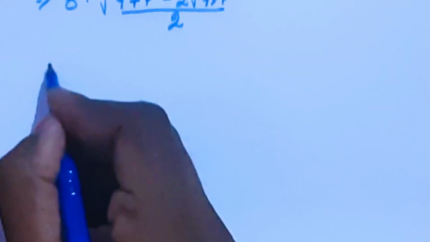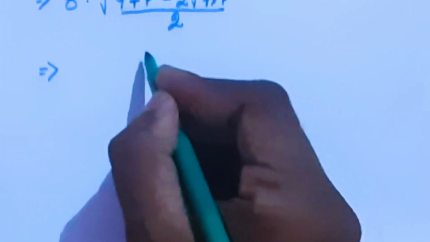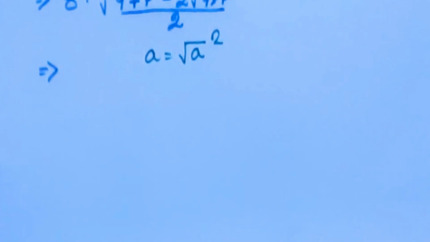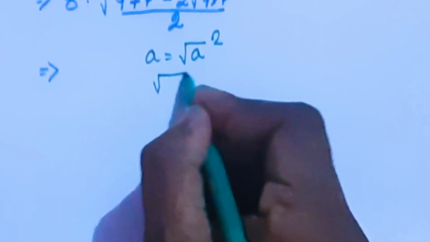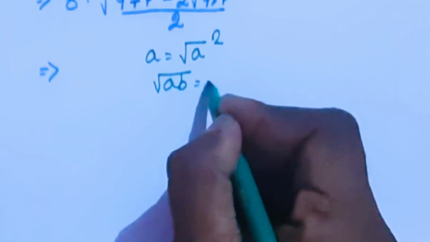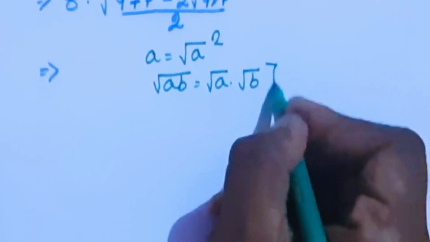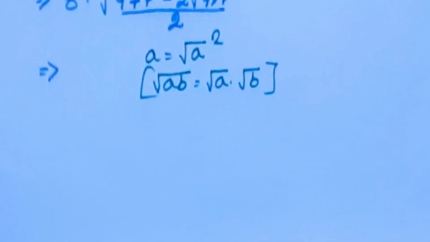Now we are going to apply this formula, that is a equals square root of a square. Also square root of ab equals square root of a times square root of b. These formulas we are going to apply here.